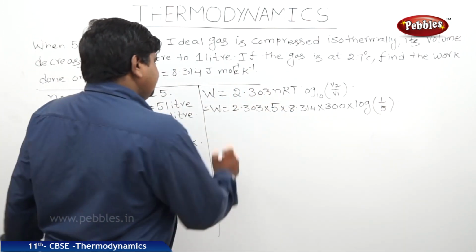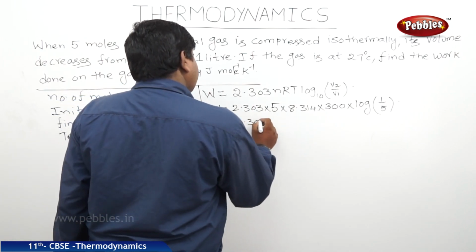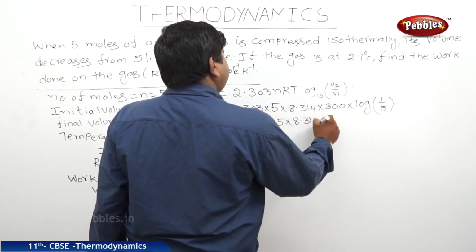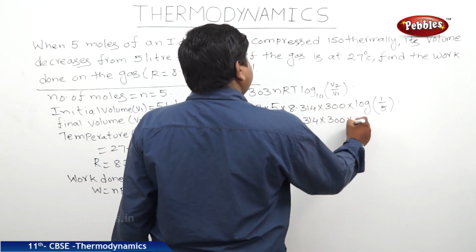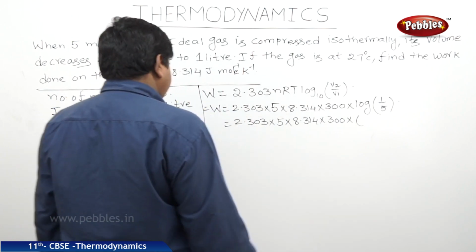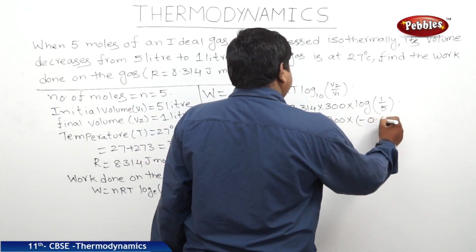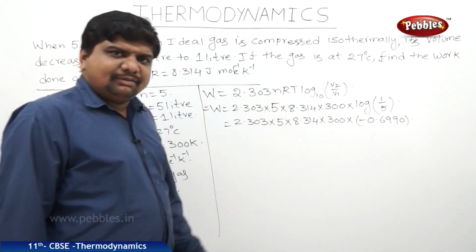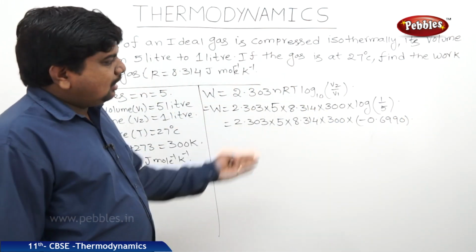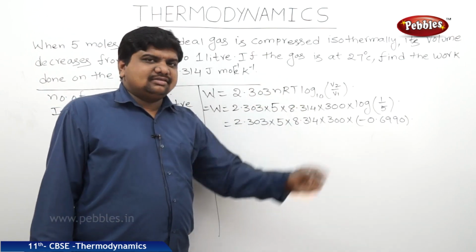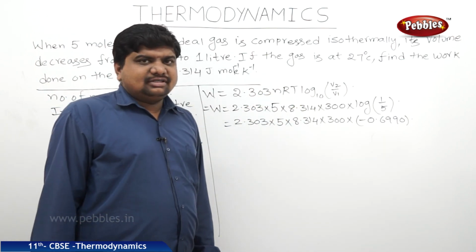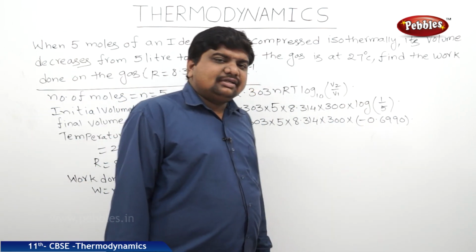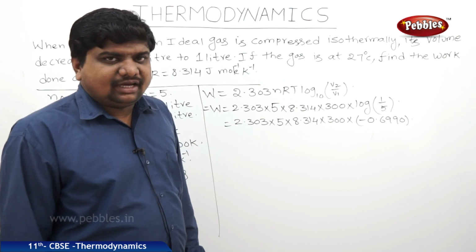If you do the whole solution, this is 2.303 into 5 into 8.314 into 300 into this log 1 by 5, we will get minus of 0.6990. By using the log table, we can do this. Log 1 by 5 is nothing but log 1 minus log 5. Log A by B is equal to log A minus log B. So if you do this log 1 minus log 5, we will get minus 0.6990.